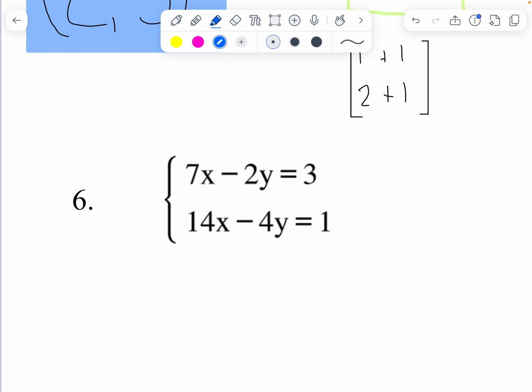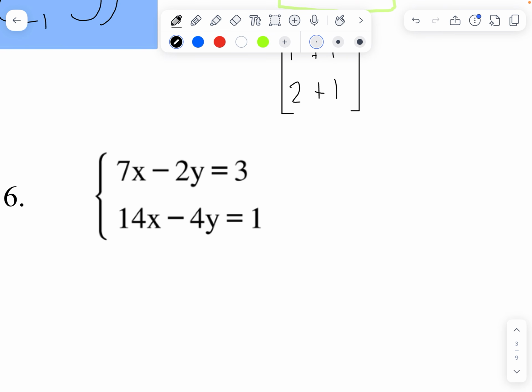Okay, so let's look at this. Wait, hang on a second. Just analyzing this question. If we convert this into matrices, this is 7, -2, 14, and -2, and -4.